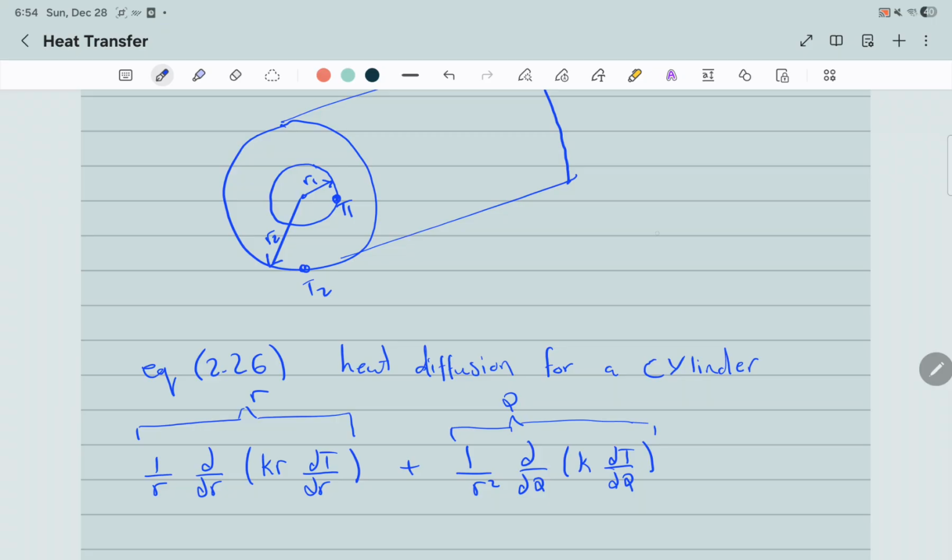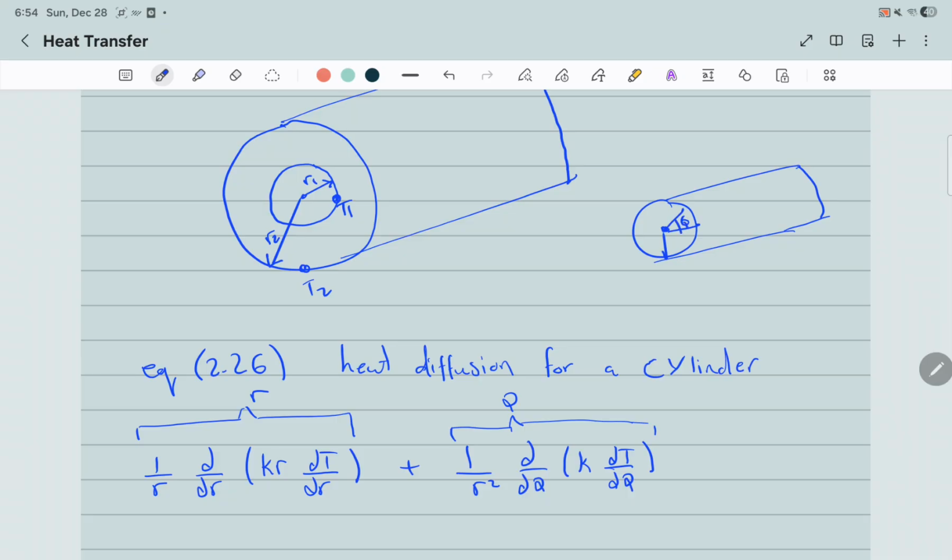So for example, if we're looking at this tube here, this tube has 3 dimensions. One is the radius axis, where heat flows in the radial direction, and another is the angle direction, which is like this.